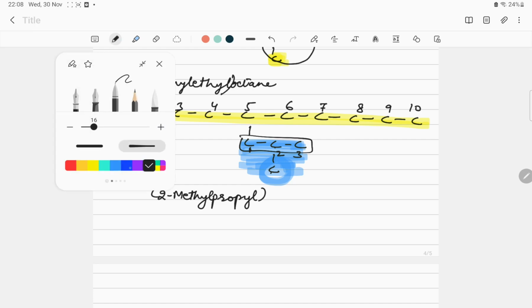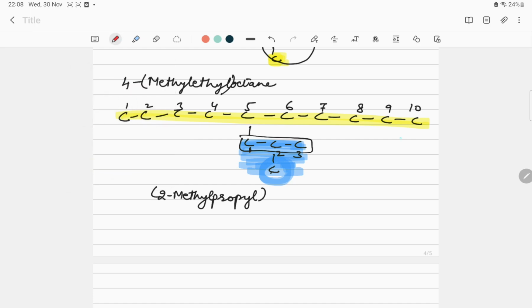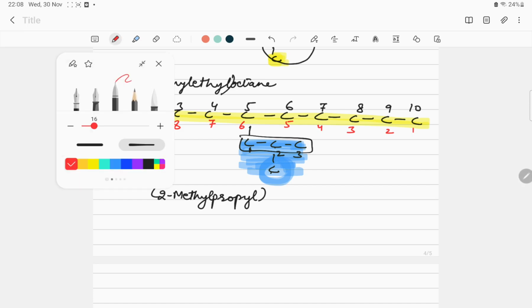Now we may number from the other side also, 1 2 3 4 5 6 7 8 9 10. When we number from right to left, the substituent is present at number 6. But when we number from left to right, the substituent is present at number 5. So which is to be preferred, number 5 or number 6? 5. So that is why it should be 5.